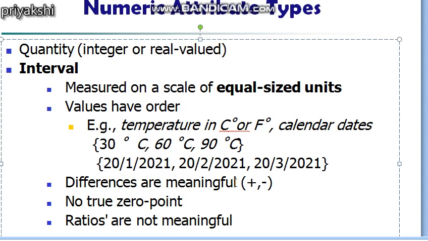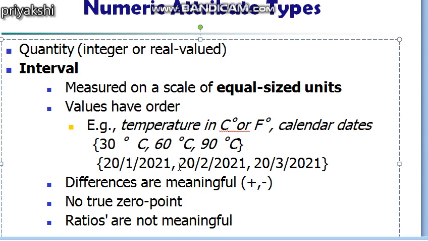And you can see here that differences are meaningful in case of an interval scale variable. If you subtract 30 from 60, this is 30 degrees centigrade. That means between the temperature two years ago and last year, there is a difference of a 30 degree rise in temperature. Last year's temperature is 60 degrees, today's is 90 degrees, so again there is a difference of 30 degrees.